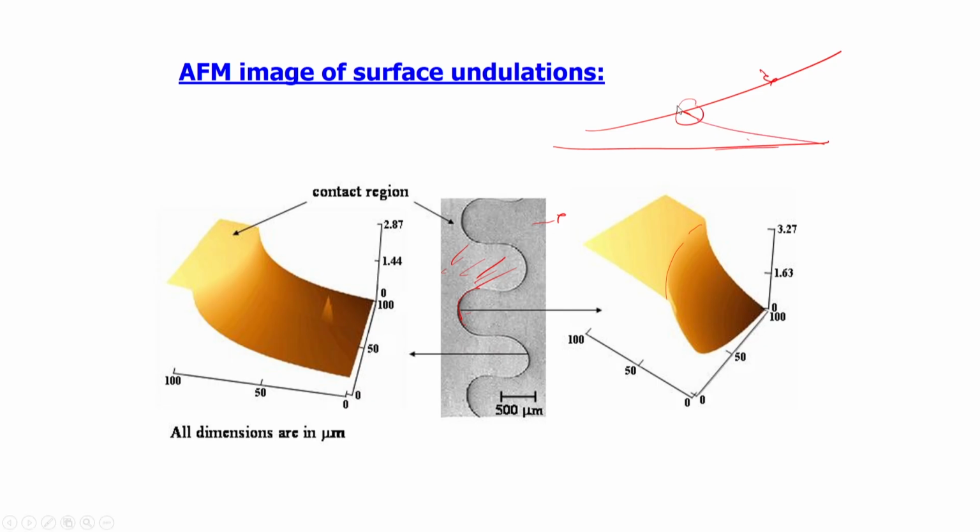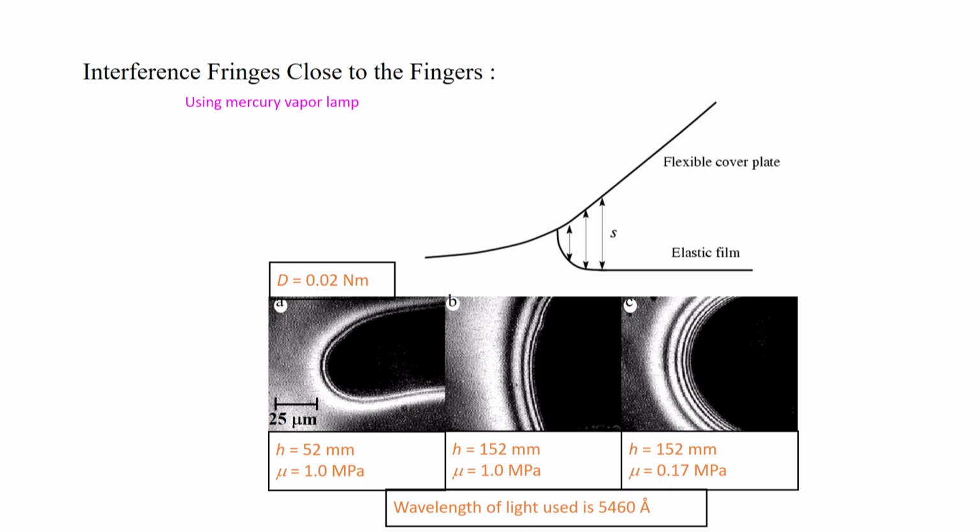So, we are looking very close to this surface, where the instability appears. This picture is taken at a different point. There are two different points at which the pictures are taken, and this shows how the gap between the film surface and the top plate increases over distance.